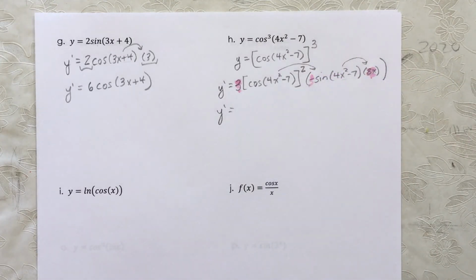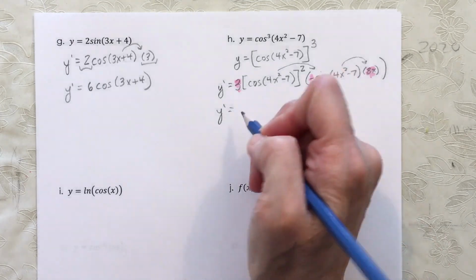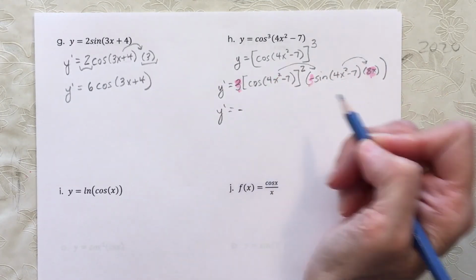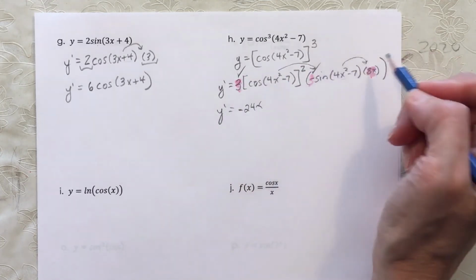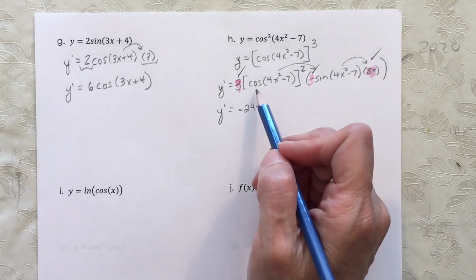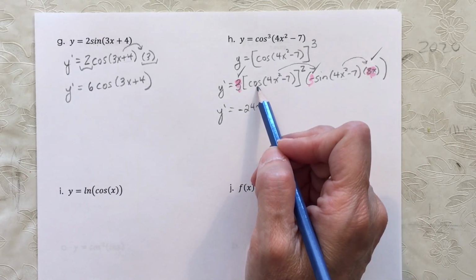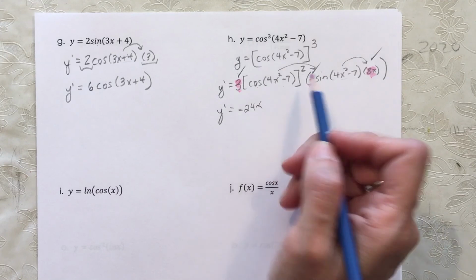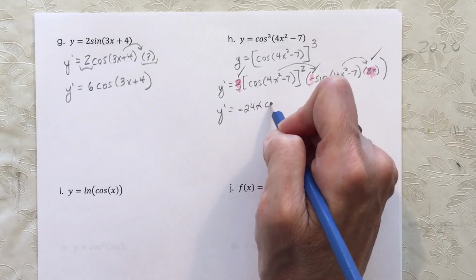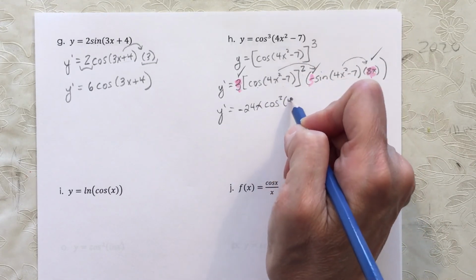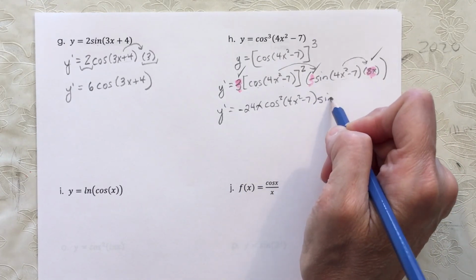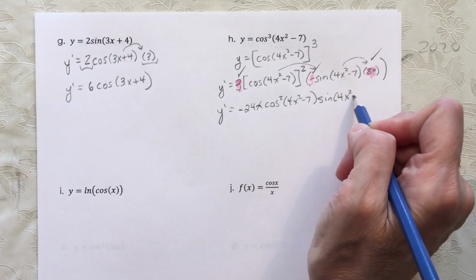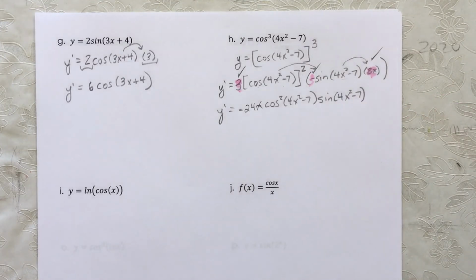If I multiply those together, I'm going to end up getting negative 24x. That takes care of the negative sign and the 8x, times the cos of 4x squared minus 7, all squared. So the nice way of writing that is cos squared of 4x squared minus 7 times the sine of 4x squared minus 7. That would be as simplified as you could make that one.